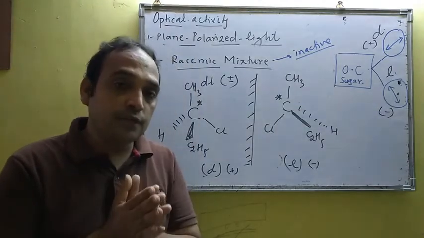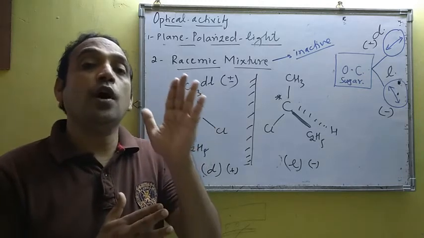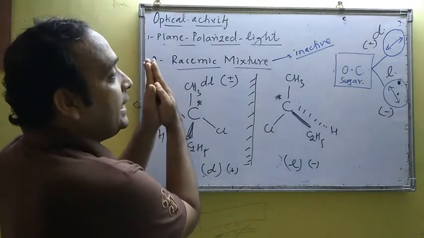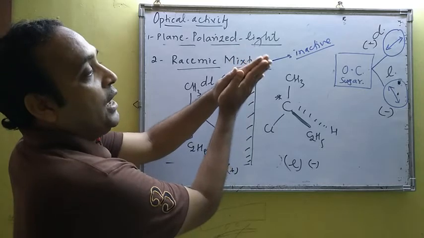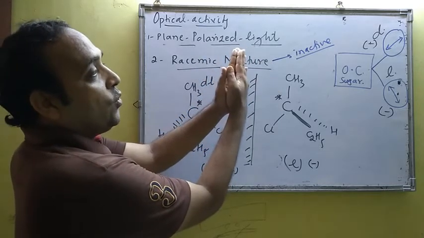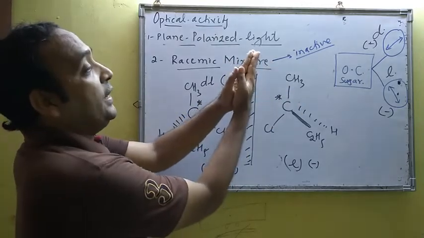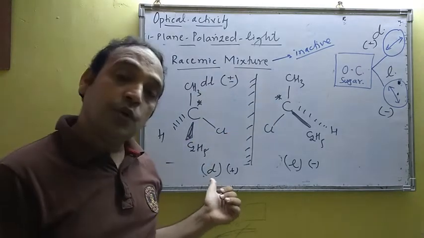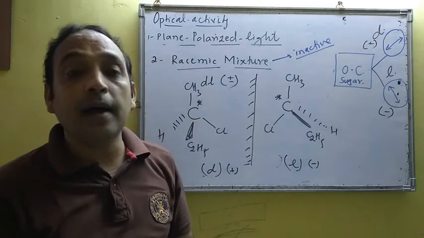It is the property of a substance to rotate the plane of polarization of incident plane polarized light, changing its angle either clockwise or anti-clockwise. If clockwise, it is a dextrorotatory compound. If anti-clockwise, it is levorotatory. Dextrorotatory is represented by D, levorotatory by L.